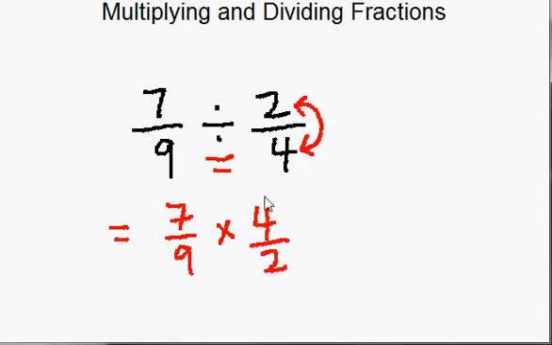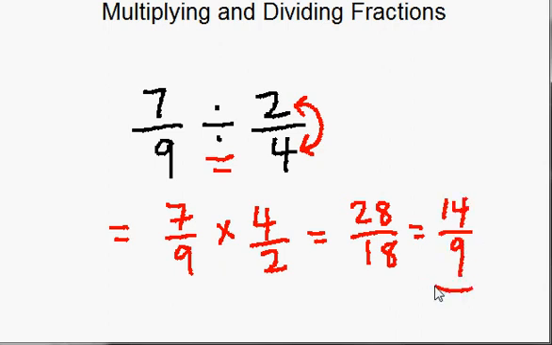You turn a division into multiplication by taking the reciprocal of the second fraction. So that is 28 out of 18, which can be reduced. Actually, I could have reduced before multiplying, but anyway, it's the same as 14/9. That's the final answer here.